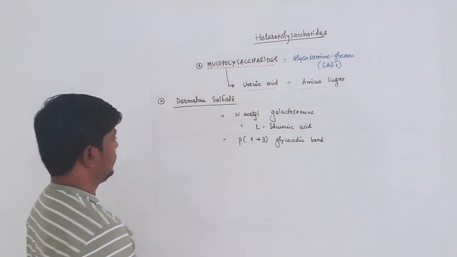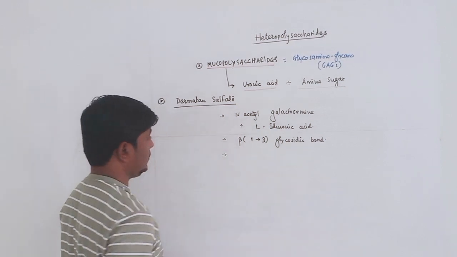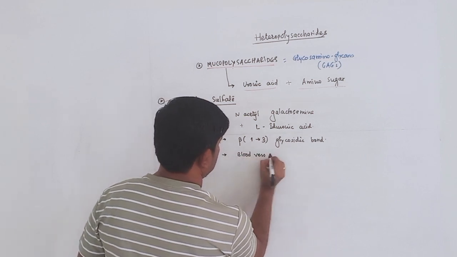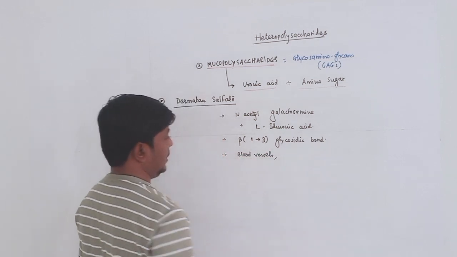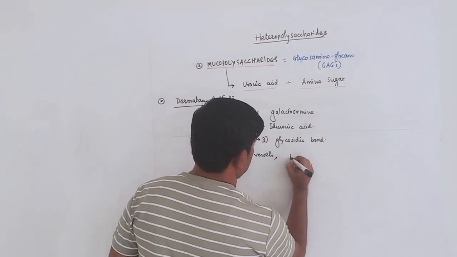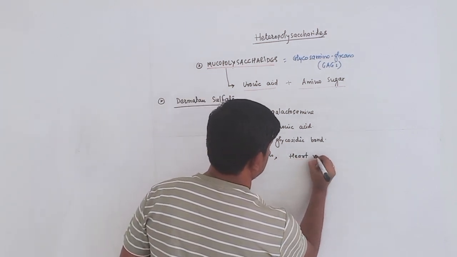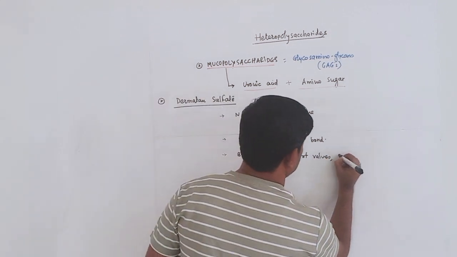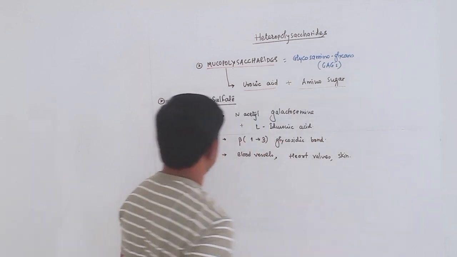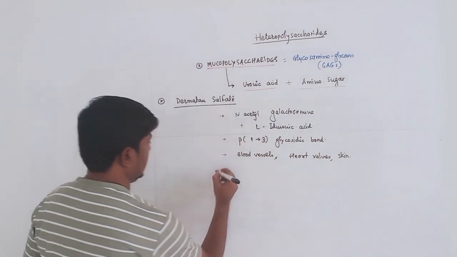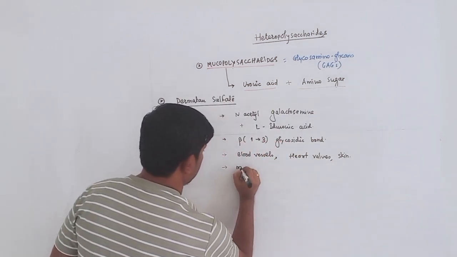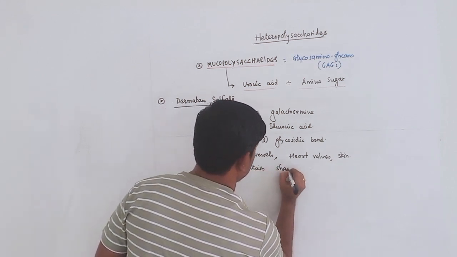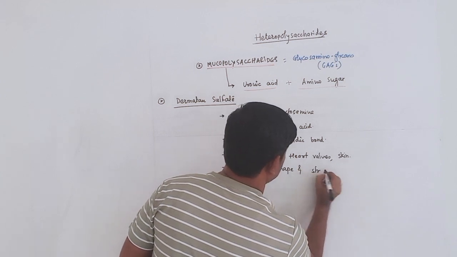And this dermatan sulfate is present in blood vessels. It is also present in heart valves, and it is also present in skin. It helps to maintain the shape and structure of tissue.